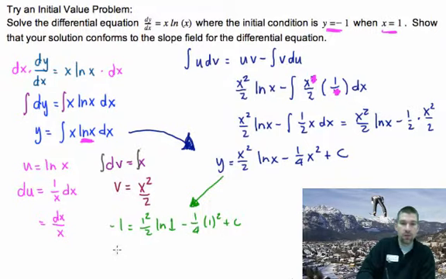All right, so this -1 where the y is doesn't change. This is going to be 1/2 times the natural log of 1. The natural log of 1 is 0, so this whole thing goes to 0, minus 1/4 plus c.